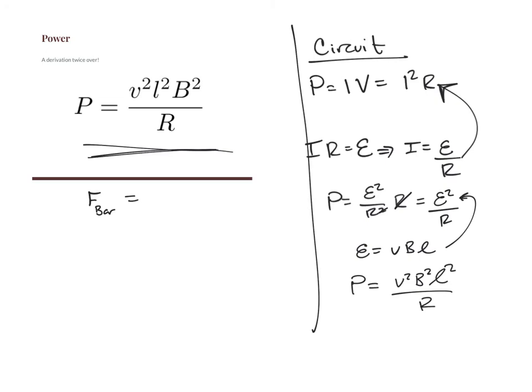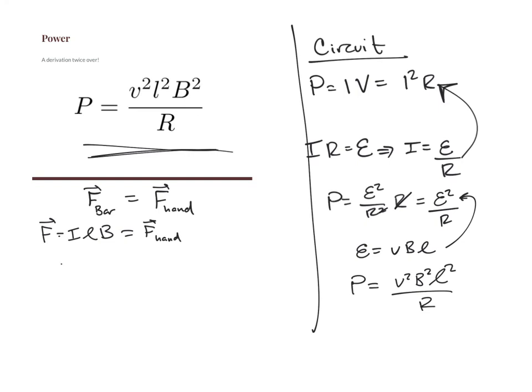That is equal to the force of the hand. Now the force on a bar is the same as the force on a current carrying wire, which is equal to current times the length of the thing cross B, which we're going to say is at a right angle, so it's just ILB. Now that has to equal the force of the hand.